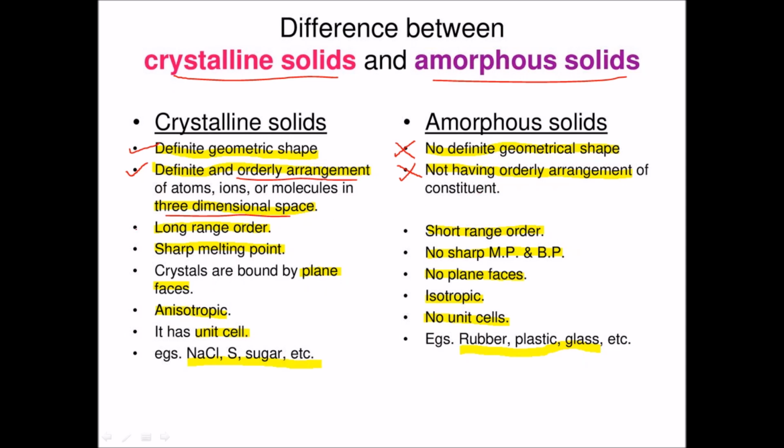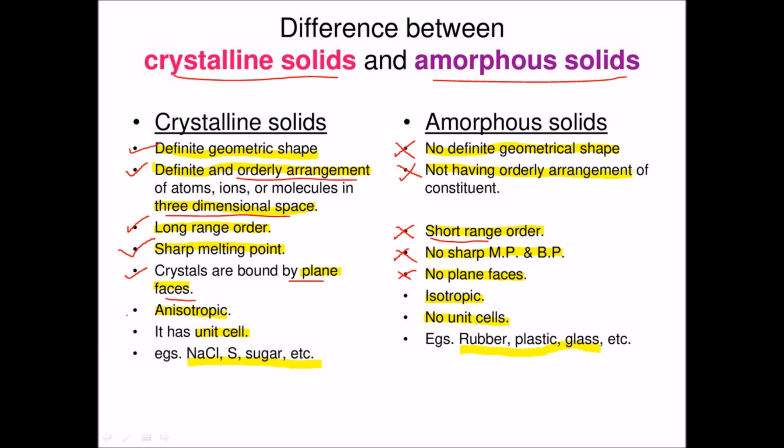Crystalline solids follow long range order, whereas amorphous solids follow short range order. Crystalline solids have sharp melting points and boiling points, whereas amorphous solids do not. In crystalline solids, the crystals are bound by plane faces, whereas no plane faces are present in amorphous solids.